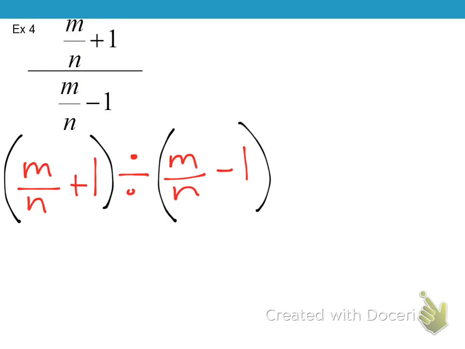You have to simplify what was originally above and what was originally below before you can divide. Now, how do I do m over n plus 1? Like if I wanted to make that one fraction, what would I do?